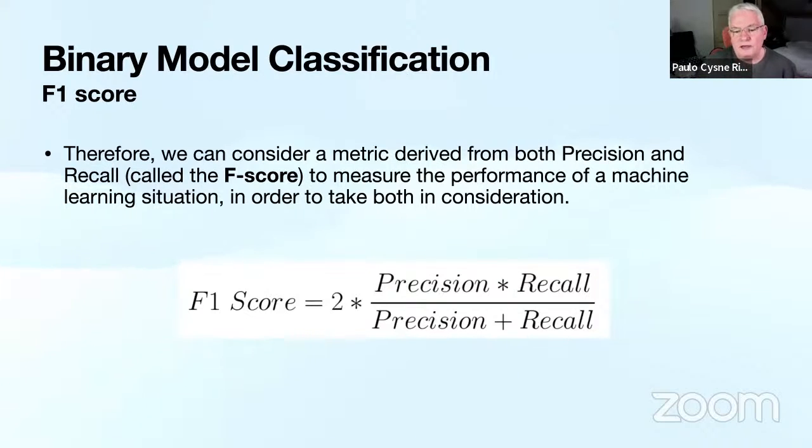So when you are working on a binary classification, you should not look at accuracy only. Because imagine a case where 5% of the instances are negative and 95% are positive. I can just say everyone is positive, and I have 95% accuracy.